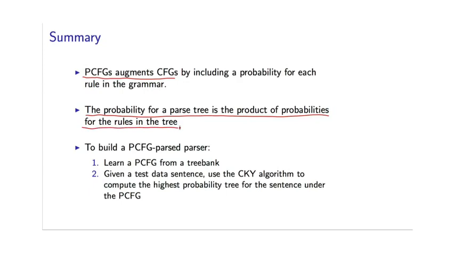To build a parser based on a PCFG, you go through the following steps. Firstly, you learn a PCFG from a treebank. As we saw, that's really quite trivial. We just read off the rules from the treebank and then compute maximum likelihood estimates based on simple counts. Secondly, given a new test data sentence, we can use this dynamic programming algorithm, the CKY algorithm, to compute the highest probability tree for the sentence under the PCFG.